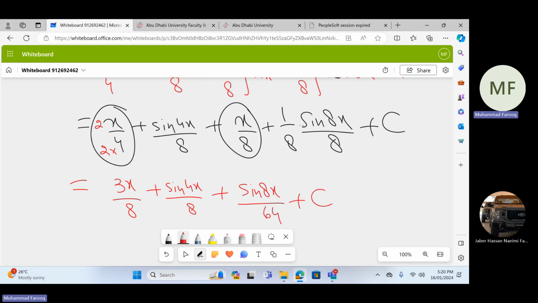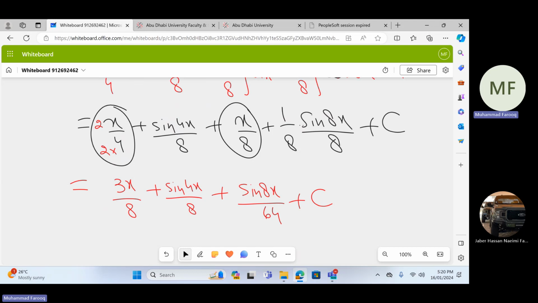You get the answer now. If you don't do this last step, that's fine, but you have to manage your work. The common denominator is 8, so 2x plus x is 3x over 8. Understand now?